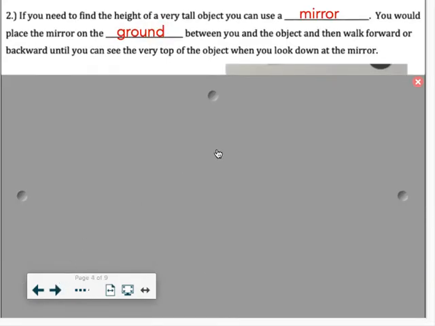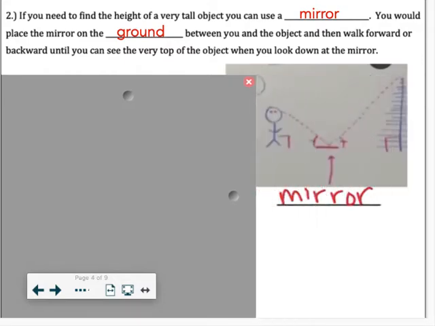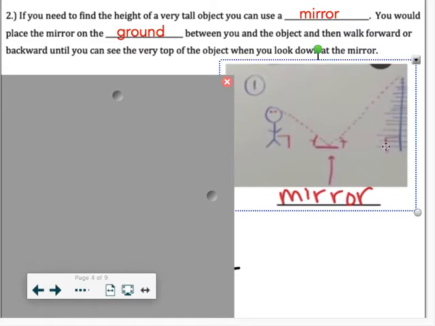Okay, the next idea is that we could use a mirror. So let's think about this. I have a really tall tree standing outside. I want to know how tall it is.